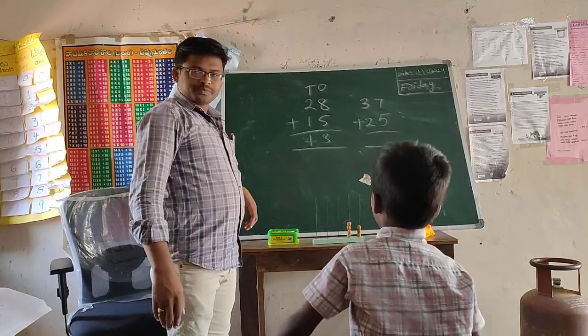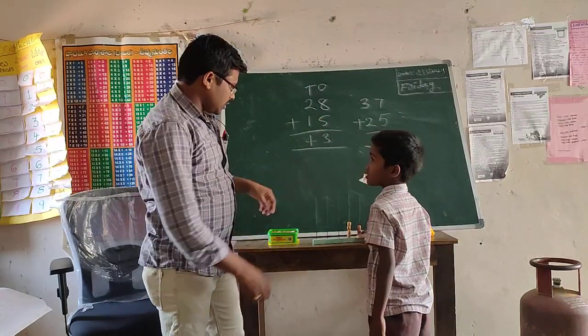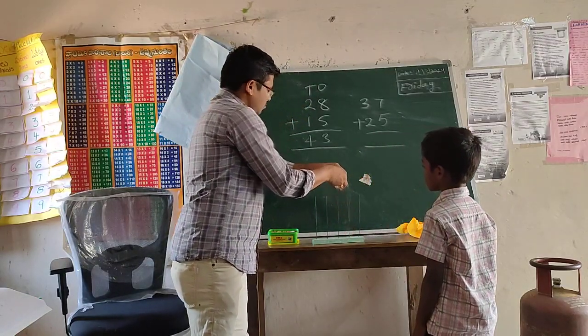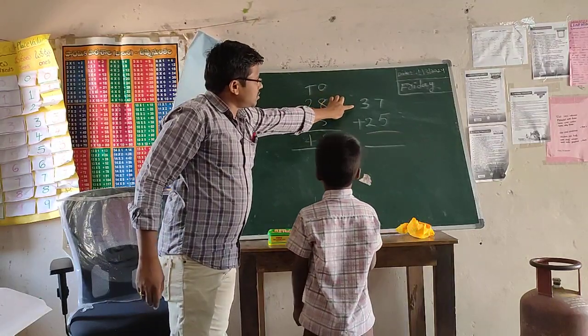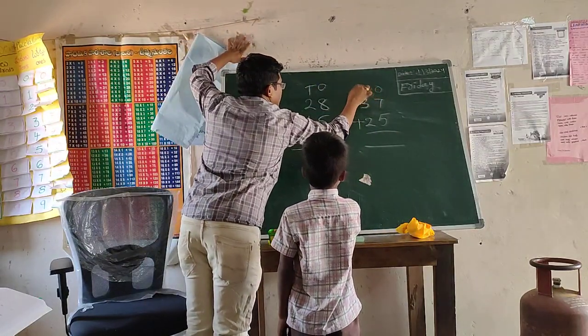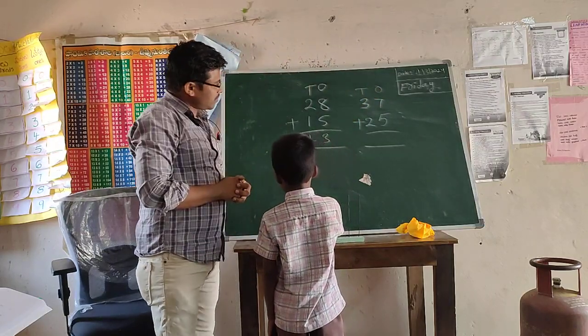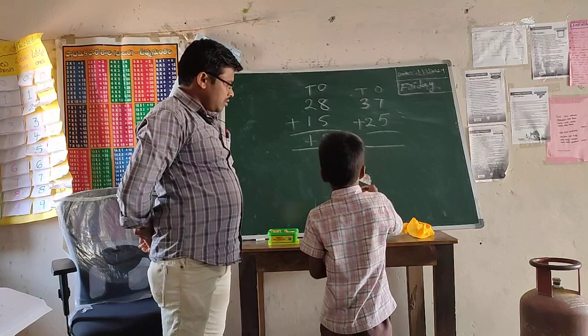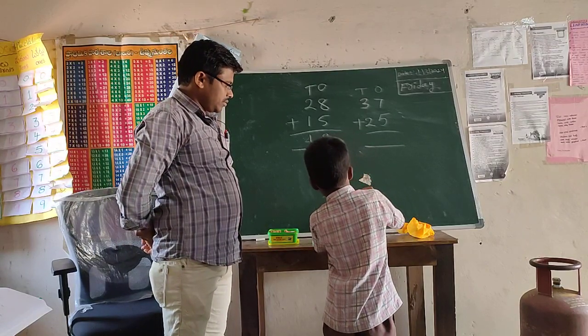Rishit, okay, you come. No, remove. First, take 37. You show 37 on the abacus. Say it loudly.